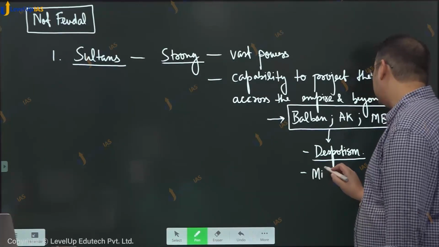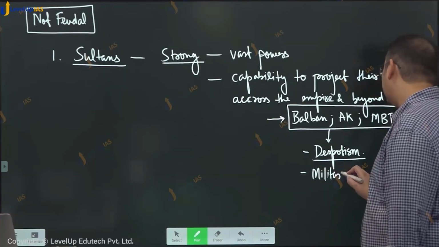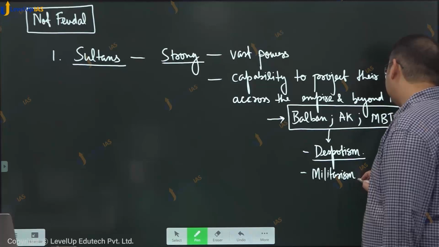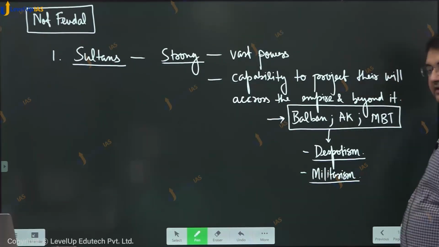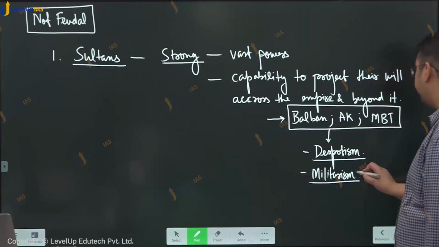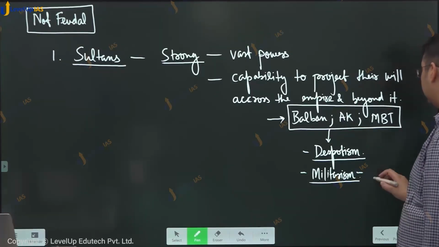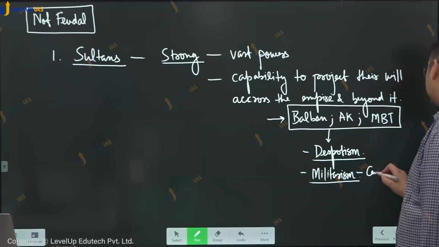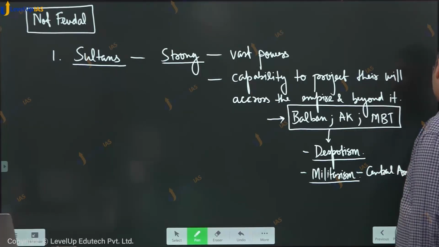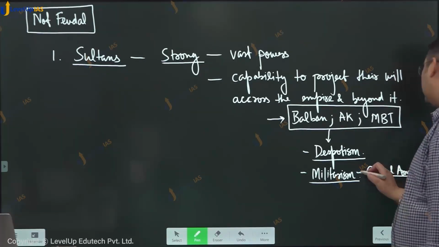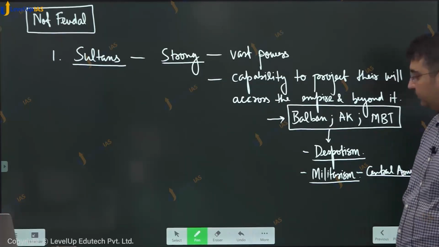excessive militarism, where their military power was based upon the maintenance of a large central army that was controlled directly by the Sultan.